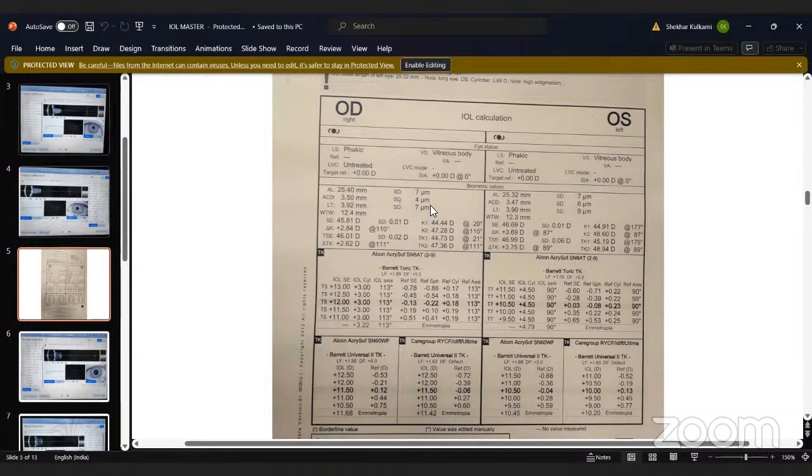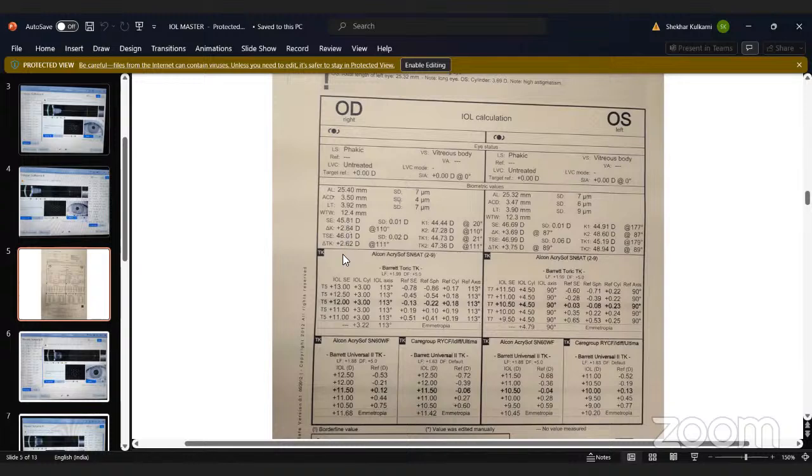Then we can see the AC depth difference between the two eyes is 0.08 mm, which is also significant. The anterior chamber depth is 3.5 in the right eye and 3.47 in the left eye. The lens thickness is also similar.